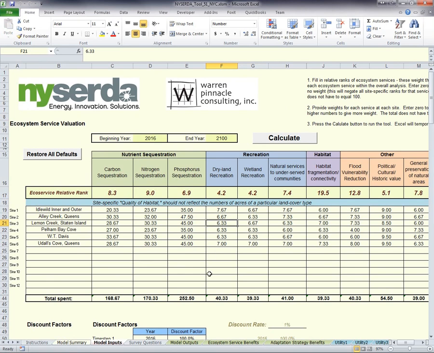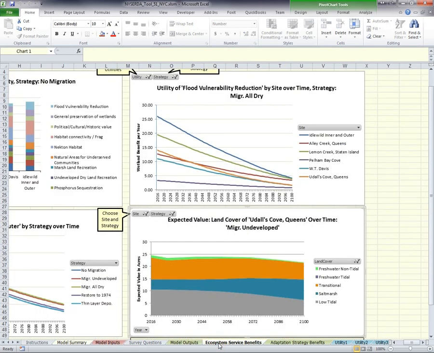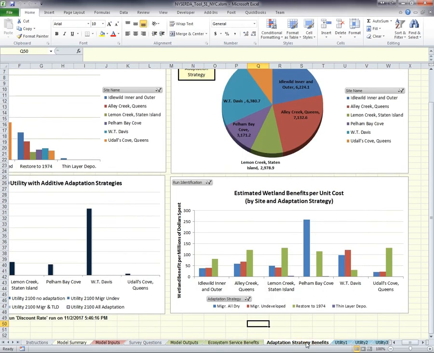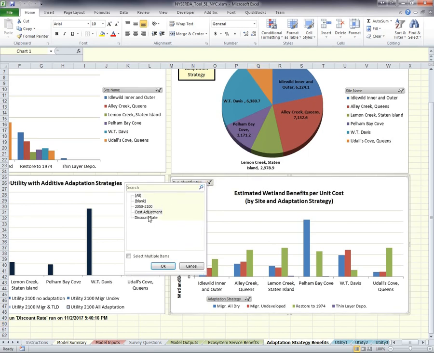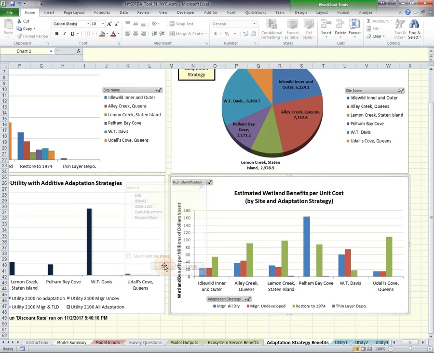Now the model runs are complete. We can take a look at the results. If you look at the ecosystem service benefits, you can see that things fall even further because you're discounting this, so it has about half the value that it would have had in 2106. And let's take a look and see what impact that has. Select the run identification of the discount rate, and you can comparatively look at that.